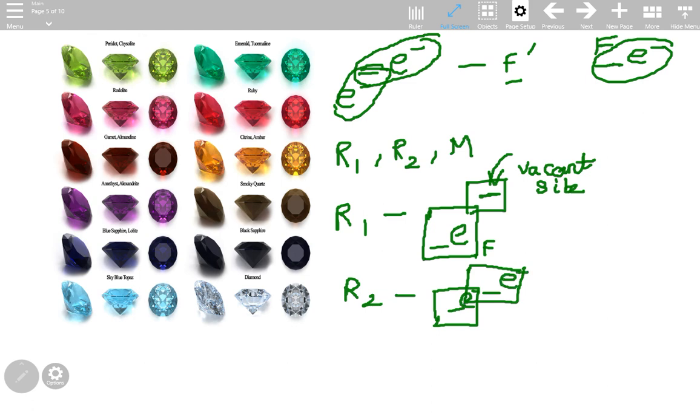So the combination of two F centers is called the R2 center.